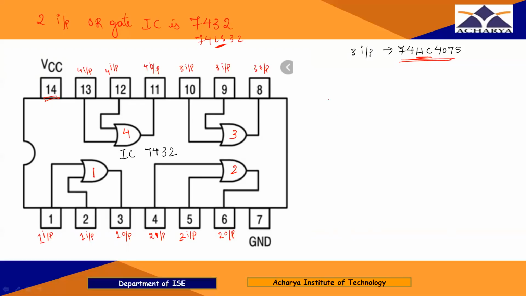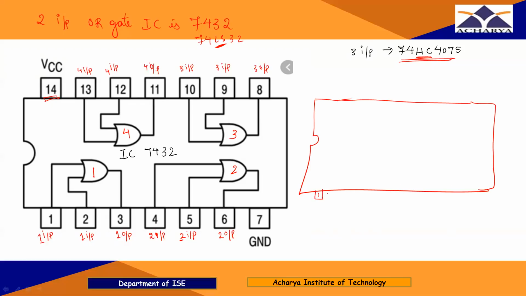Right? So how to draw a 3 input OR gate? It is similar to the AND gate. So how many pins? Total 14 pins. Pin numbers 1, 2, 3, 4, 5, 6, and this is 7.